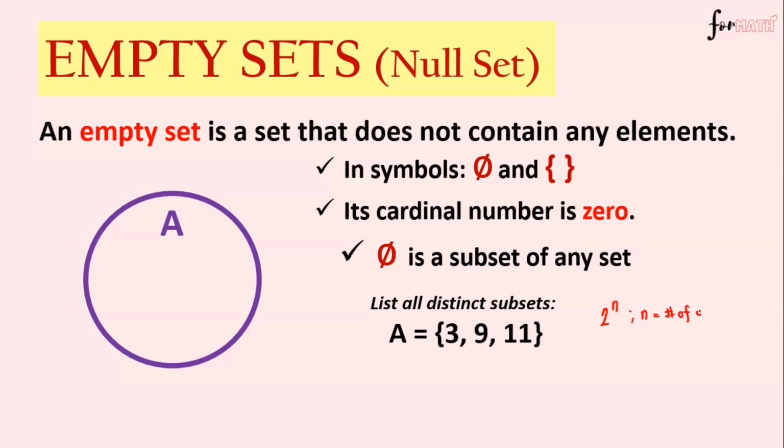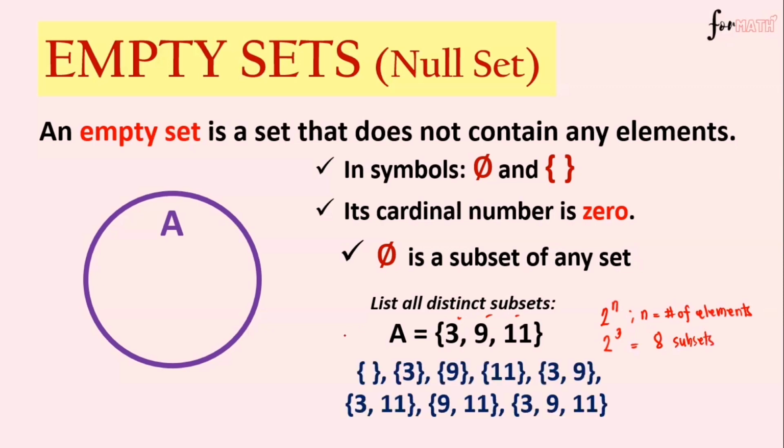So example, if this is 2 raised to 3, ibig sabihin, ang ating subsets dito ay 8 subsets. Okay, so paano yan? So we have empty set first. Empty set. 3, 9, 11. And then 3, 9, 3, 11, 9, 11, and 3, 9, 11. Okay, so those are the subsets of our set A.